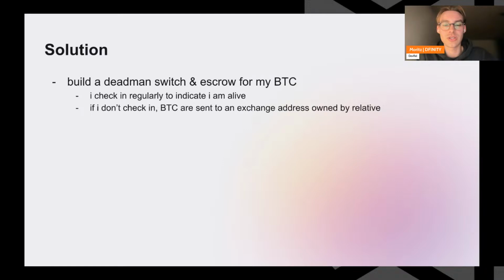So you could imagine that, I don't know, your wife or husband, they have a Coinbase account, and within that Coinbase account, they have a deposit address for their Bitcoin, and this is the address that you give to this canister to send your Bitcoin to in case you don't check in within the predefined interval. So that is the idea.